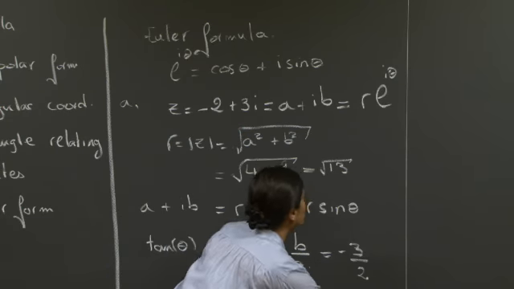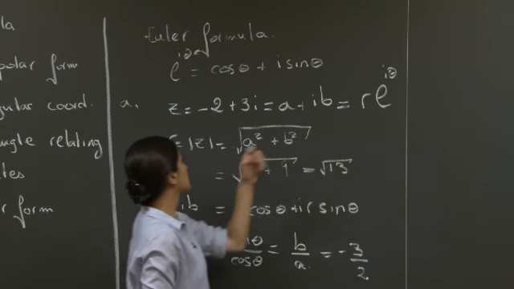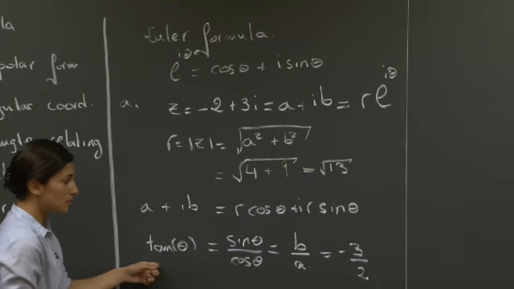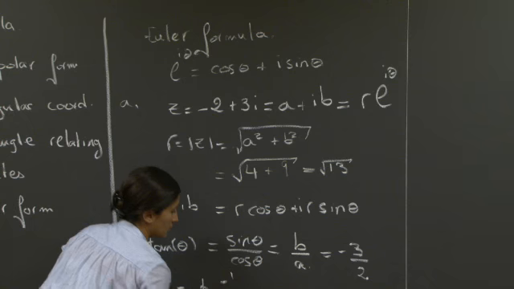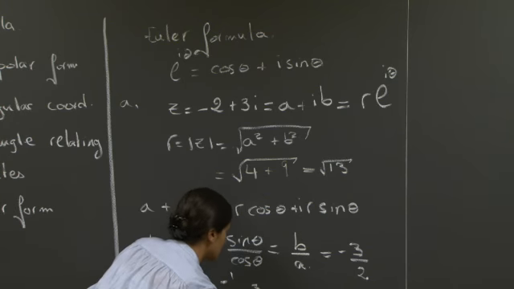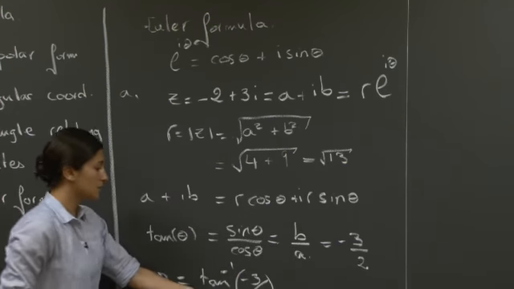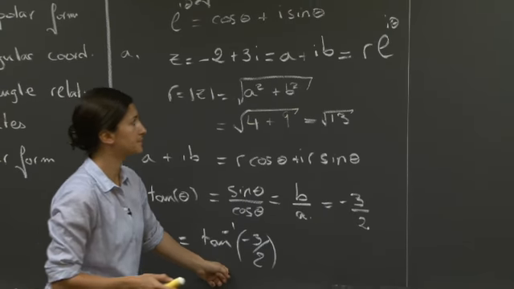So we have the modulus R, which is now root of 13, and the angle theta that we can extract by using the inverse of the tangent function.